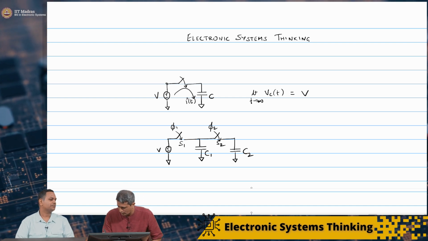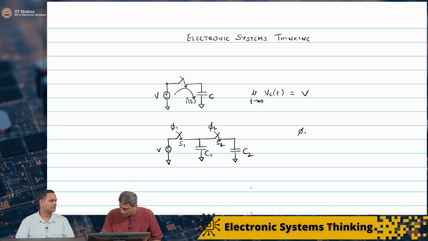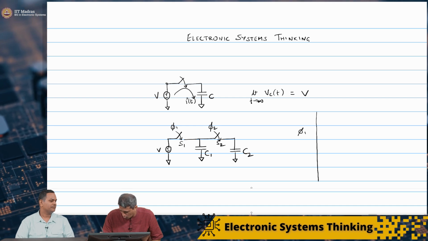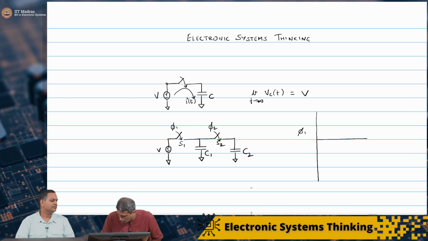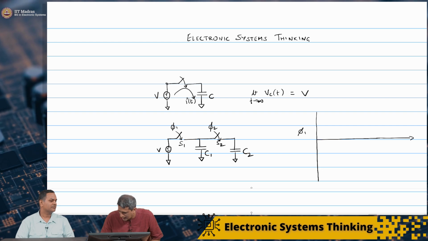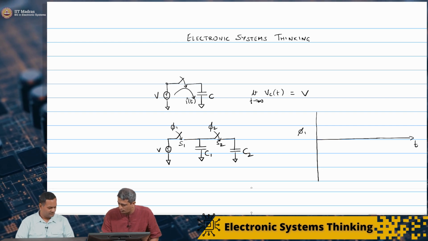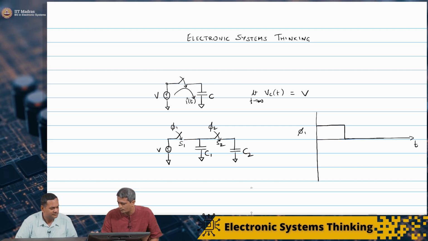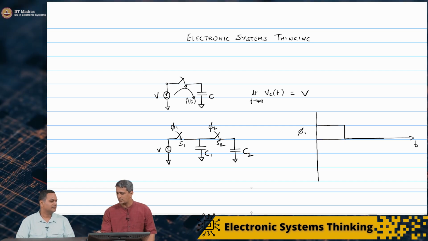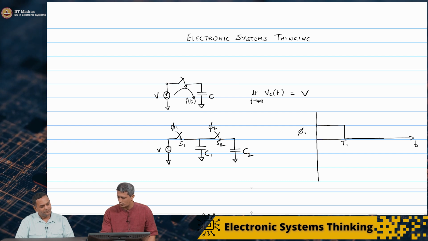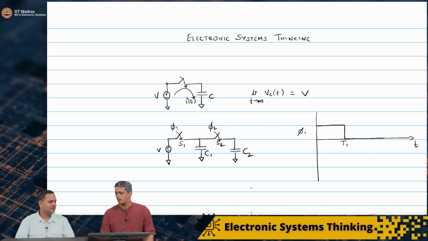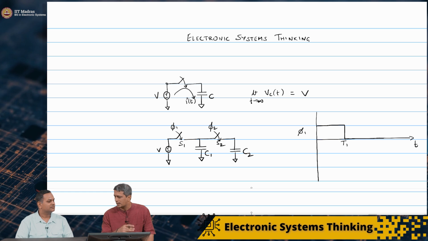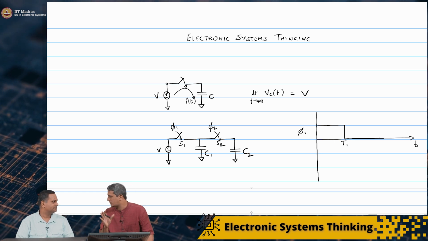So if we look at the time varying control signals phi 1 and phi 2, let's say at t equal to 0, phi 1 goes high and then goes off. We are assuming that it is on for time T1, and T1 is large enough so that the capacitor C1 can completely charge.